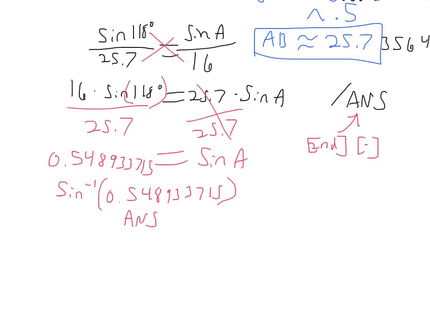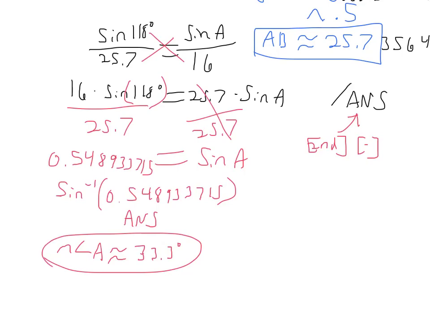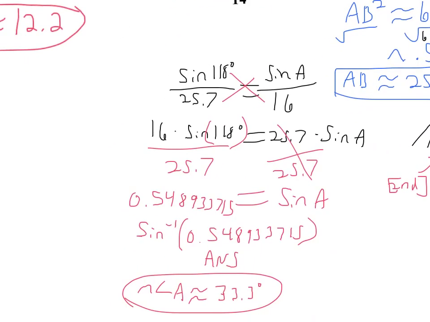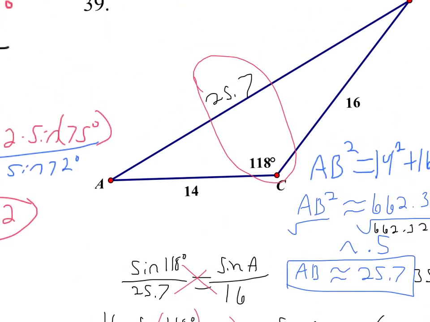And I get 33.3 degrees as I'm rounding. So the measure of angle A is approximately 33.3 degrees. Now I know 2 out of the 3 angles, because this one's 118, angle A is 33.3.